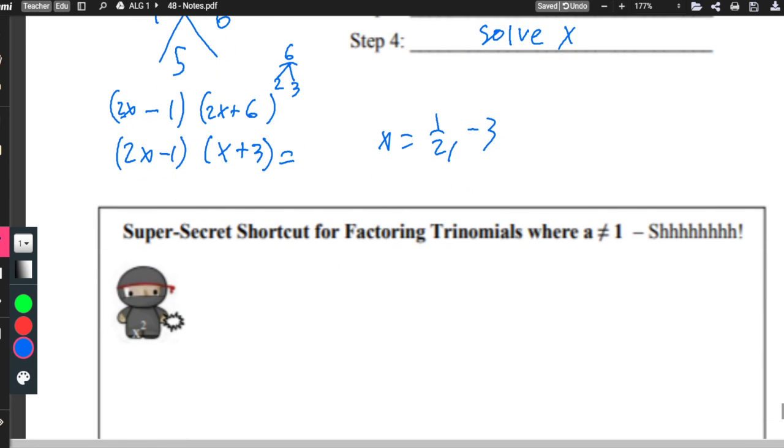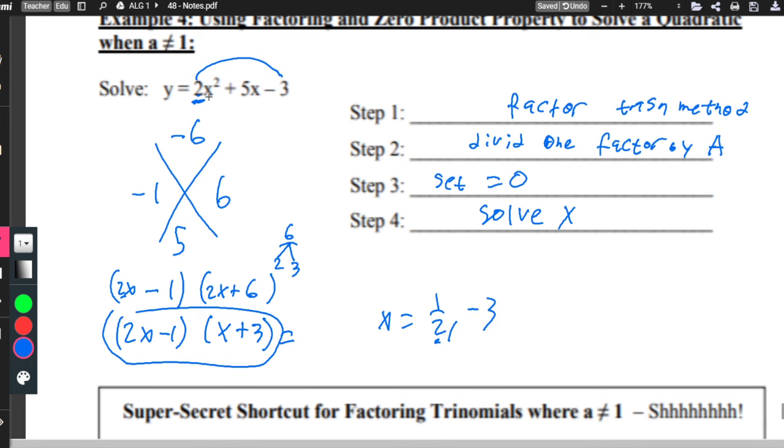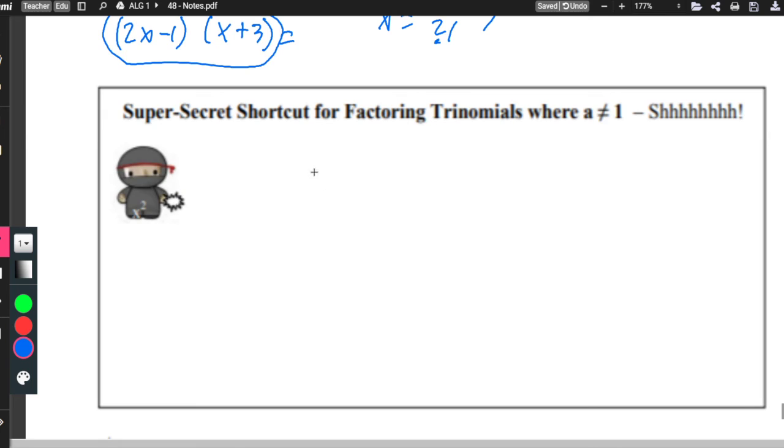So, another trick for this. If we look back up here, you'll notice that our answer was x equals 1/2 and -3. So instead of finding this type of factored form, if we divide everything by our first term, we had 2x minus 1 and 2x plus 6.